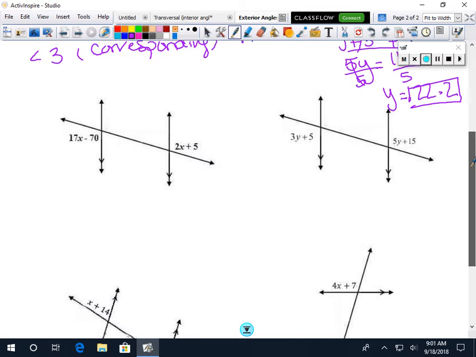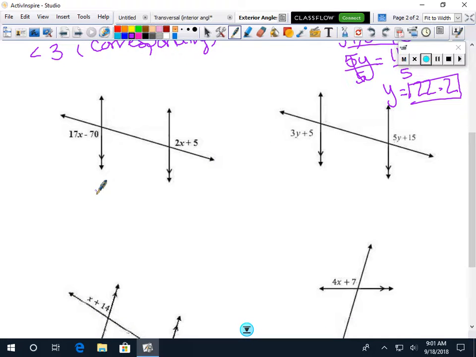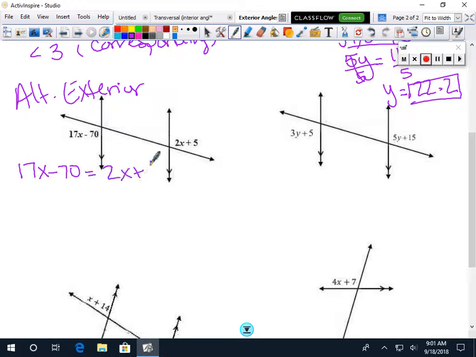To solve for x on this next one, these two angles here are alternate exteriors, and I know that alternate exterior angles are congruent. So to solve for x, I set it up: 17x minus 70 is equal to 2x plus 5.